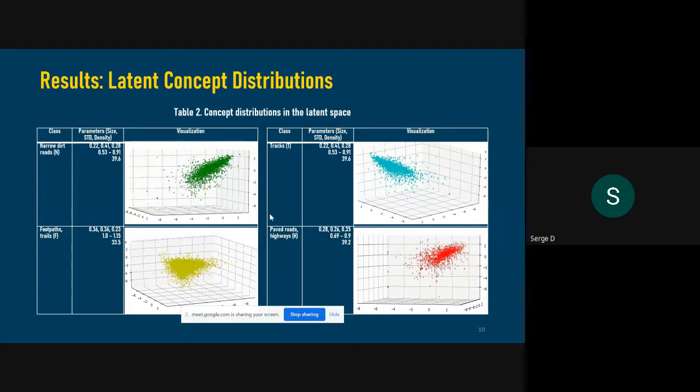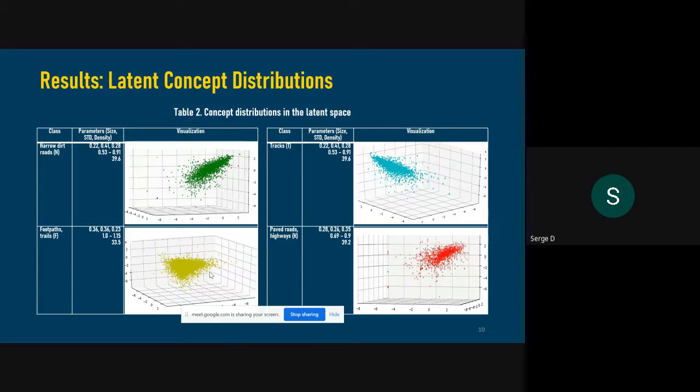So these distributions show us the example of some classes. Classes are in the left-hand column. Narrow roads are green. Footpaths, different types of roads here. And we can see that for each class, the representation region of this data type or concept is sufficiently compact.